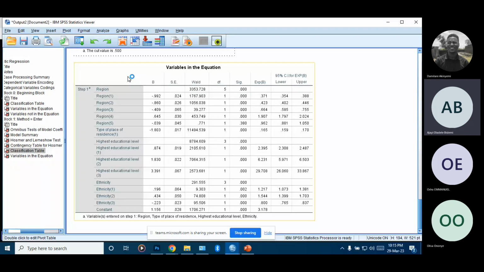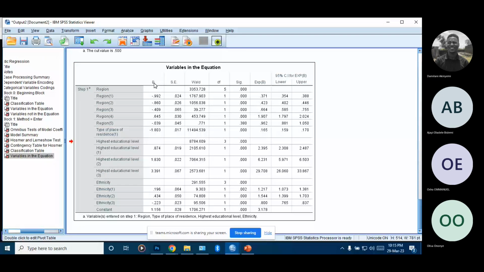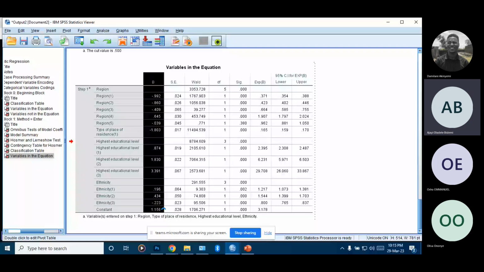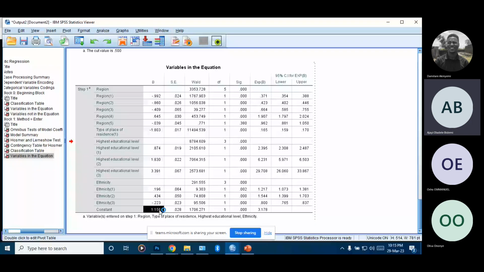Now, this column having B holds the parameters: beta naught, beta 1, beta 2, beta 3, and so on. These are our betas. And these are the standard errors of the betas. These are the degrees of freedom, and these are the significance levels, the p-values.